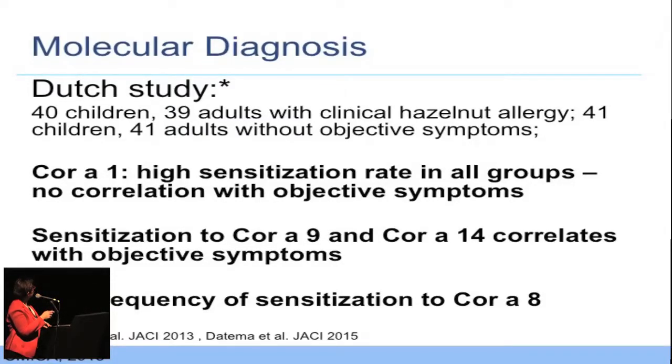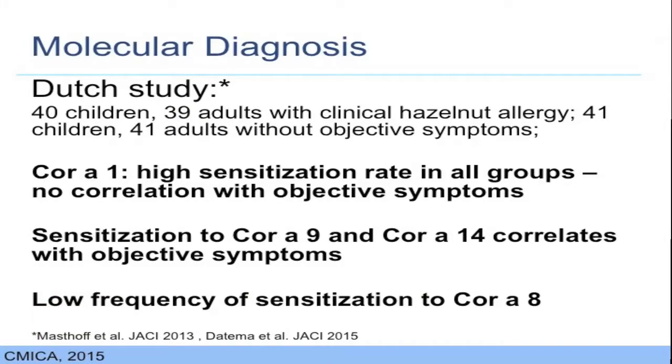There is a Dutch study where children and adults with clinically diagnosed hazelnut allergy were tested and compared to those that were sensitized but had no objective symptoms. And the outcome of this study was that Cor a 1, again the birch pollen homologue, had a high frequency of specific IgE in all groups.